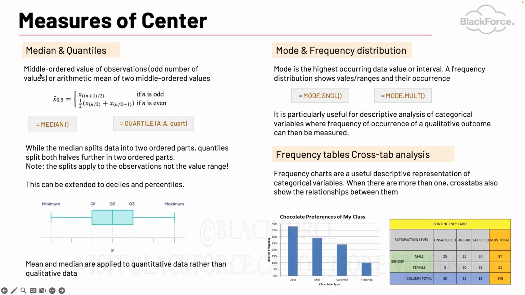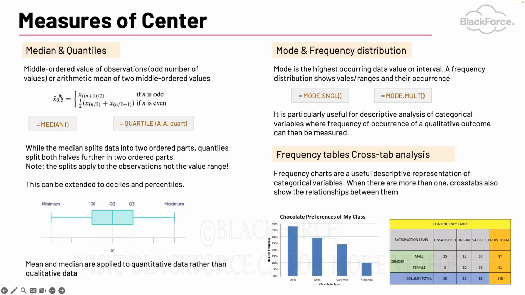So the median is just the middle, when you order values of observations from the smallest to the largest, or the largest to the smallest. So when your numbers are ordered in a certain sequence, the middle number.